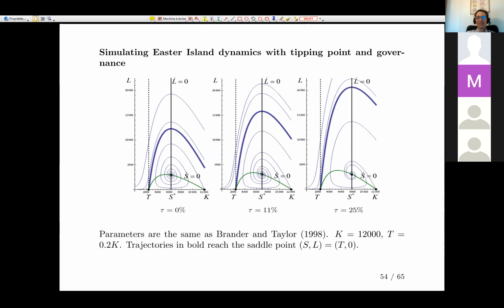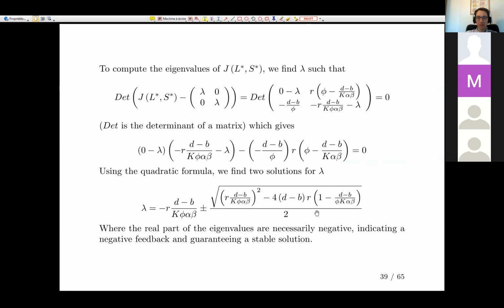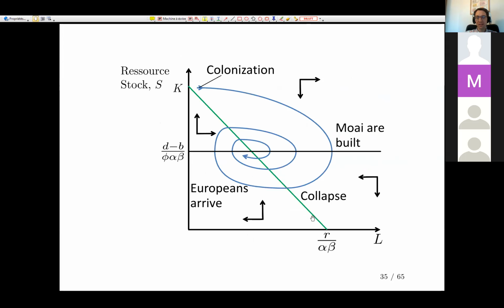Okay, so this slide is not exactly the same, but is in the same spirit as this thing. So one first thing that Taylor did is to invert resource stocks and labor.